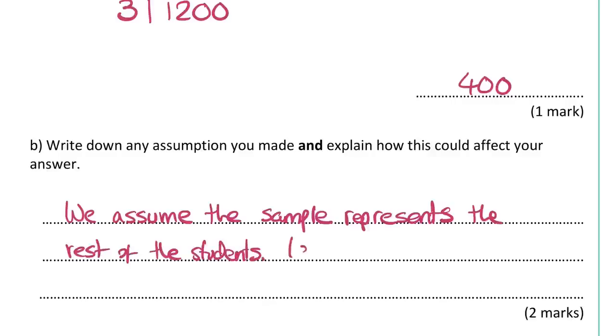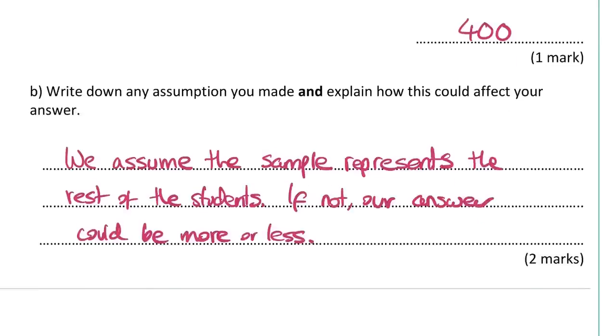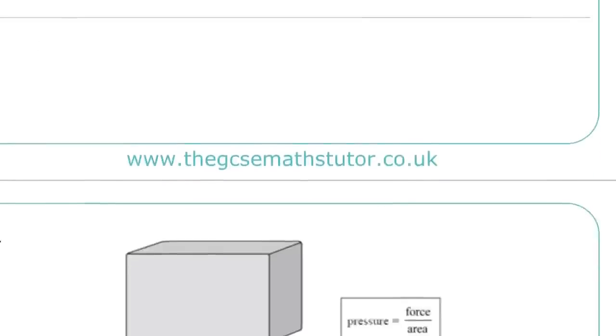There we go. If not, our answer, as it does specifically ask us to talk about our answer, could be more or less. There we go, or higher or lower, however you want to phrase that. But the important language there is that the sample represents, in this case, the rest of the students. And there we go, there's some sampling.